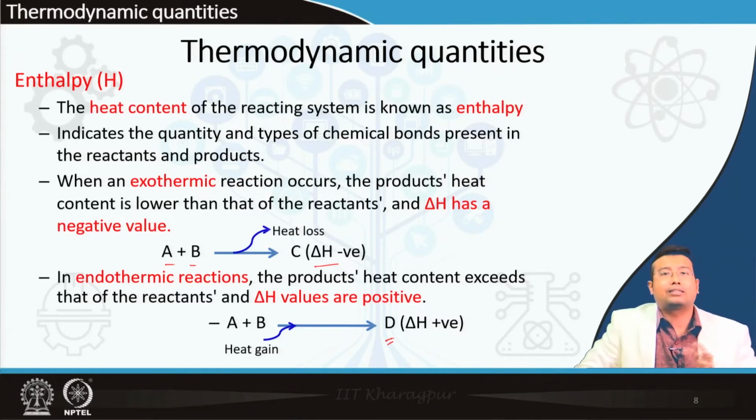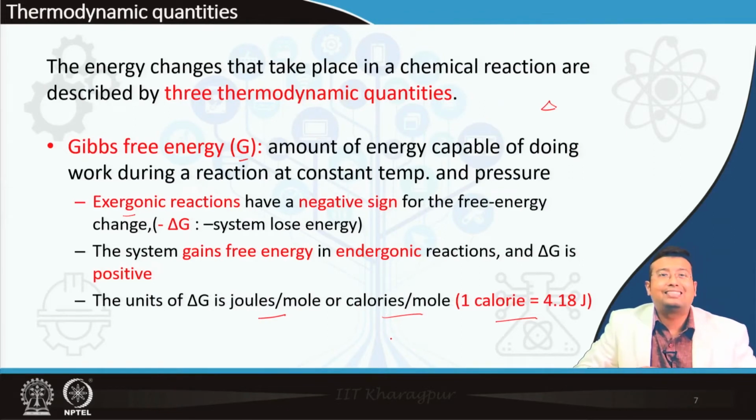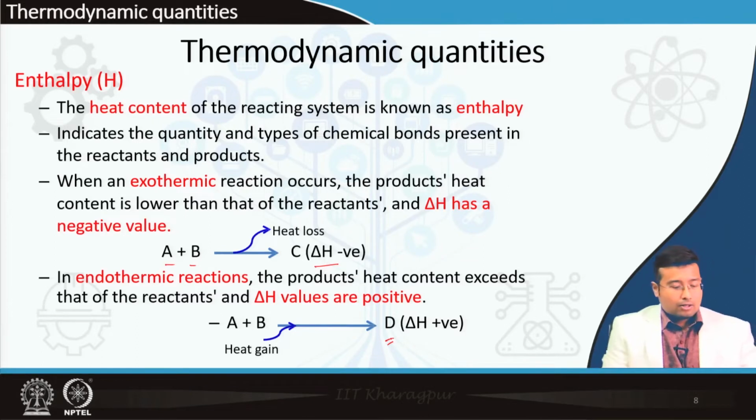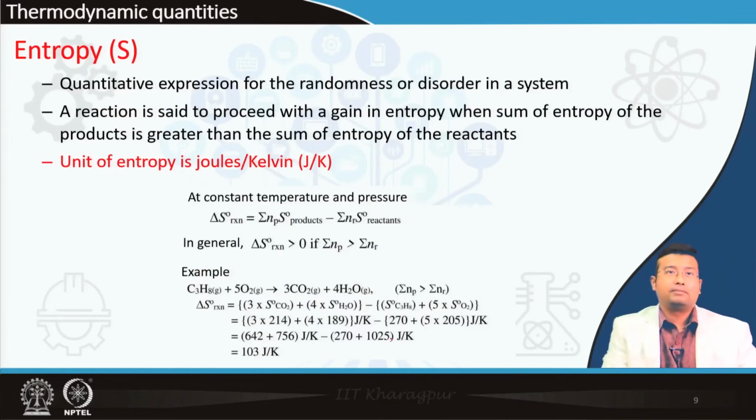This type of reaction is known as an endothermic reaction, and the delta H change is positive. So again, in contrast with the last slide, where exergonic had delta G negative, exothermic has delta H negative. Thermo means heat, related to temperature. Okay, so this is the concept of Gibbs free energy and enthalpy.